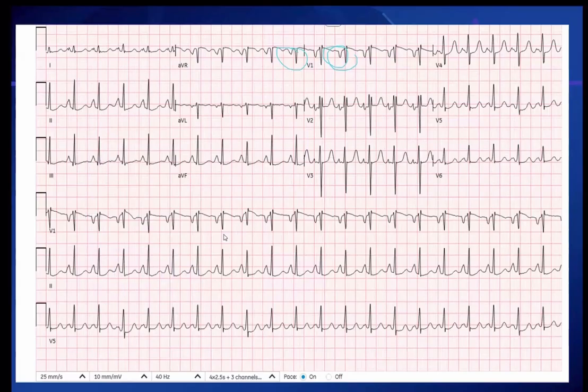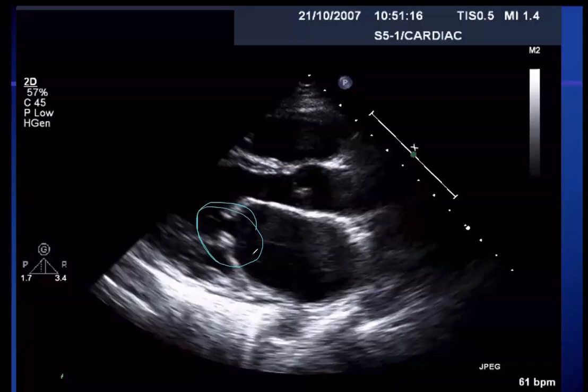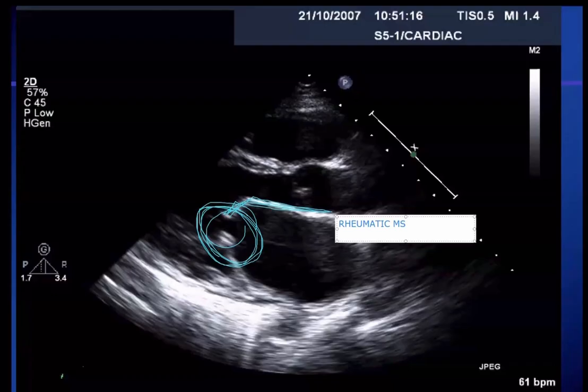So the next slide, I am going to show you an echo of her. And this is her rheumatic mitral stenosis. I can make it play. So this is rheumatic mitral stenosis, and this is called a hockey stick appearance of the anterior mitral valve leaflet.